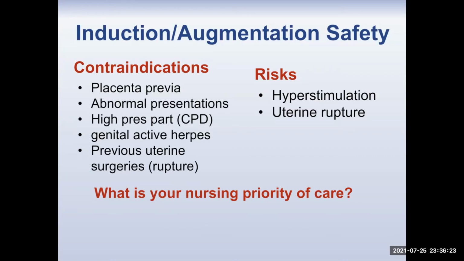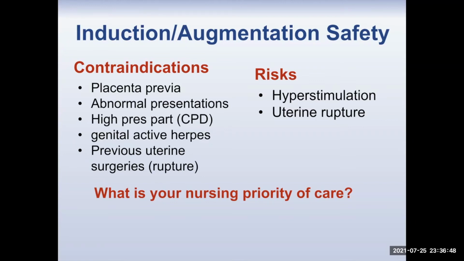We don't want her to deliver vaginally if she has an active herpes going on. Previous uterine surgeries: if she's got that going on on her uterus, then she is at a higher risk for a rupture, so we're not going to augment that person. Risks, again, are hyperstimulation and uterine rupture.